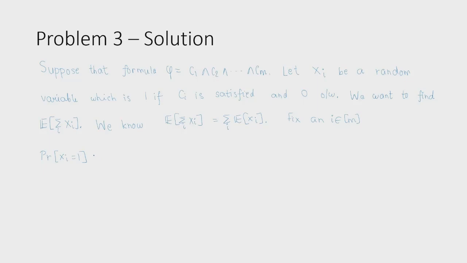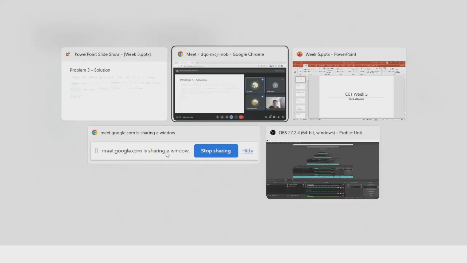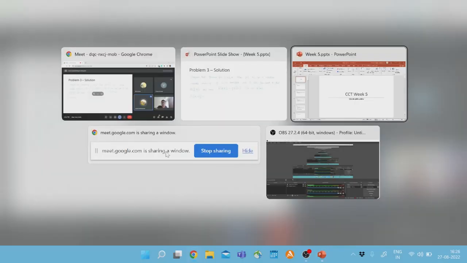Now suppose Ci is x1 and x2 complement and x3. Then what is the probability that a random assignment would satisfy Ci? 7 out of 8, right. Why? 1 minus 1 by 8. Only when x1 is false, x2 is true and x3 is false will the clause not be satisfied.